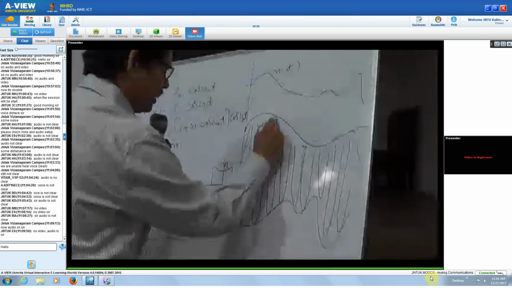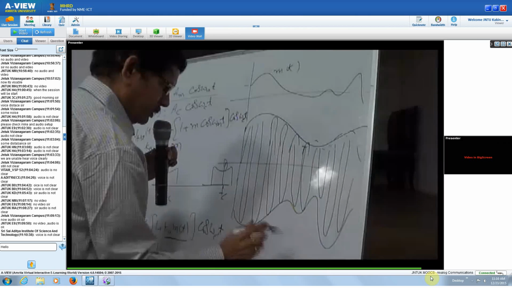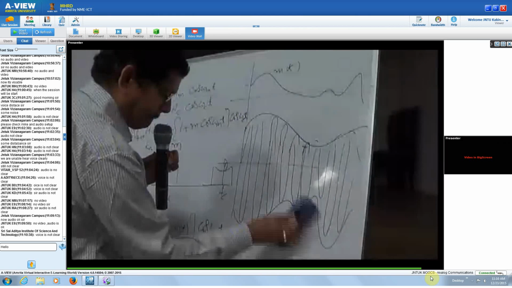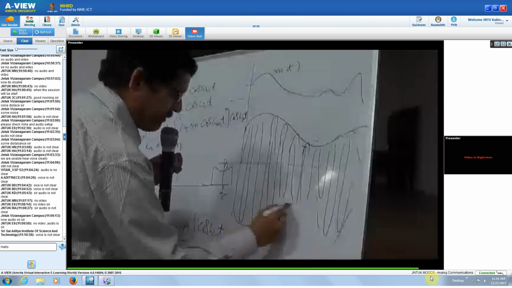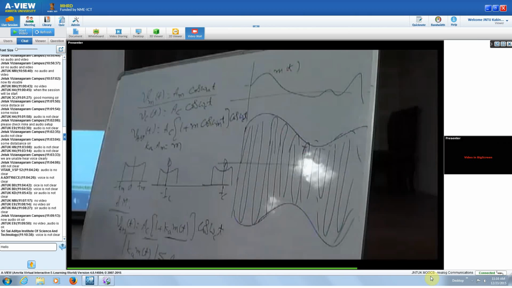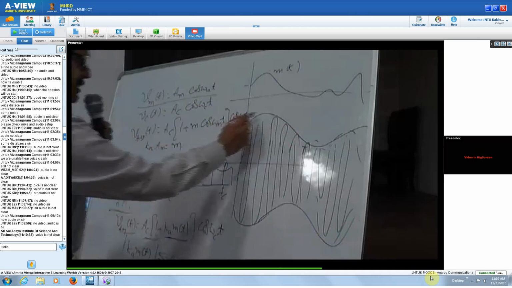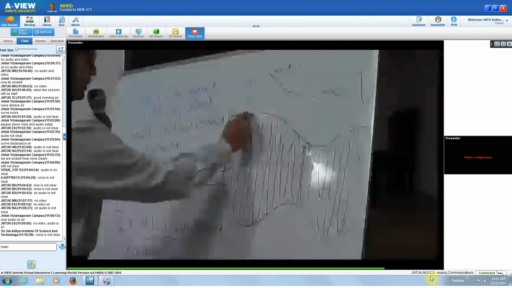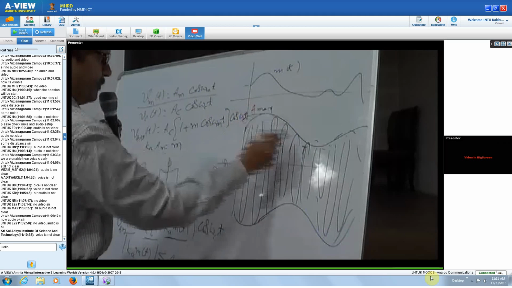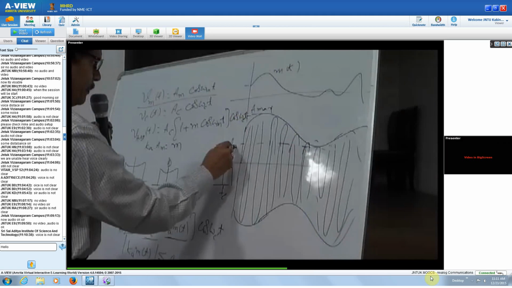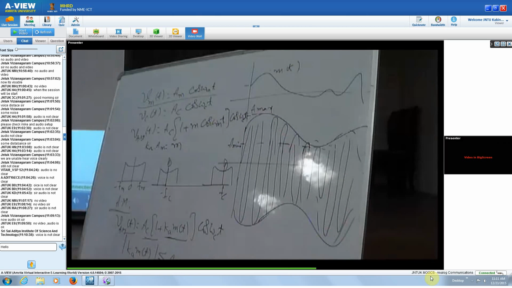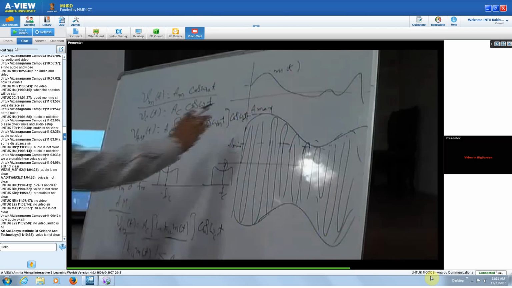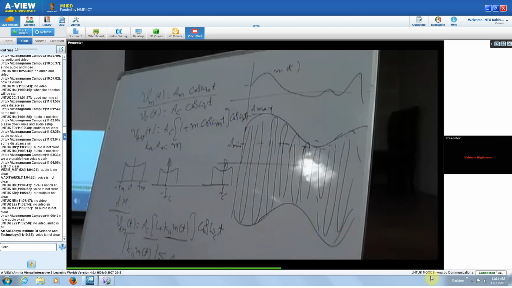Therefore, with this variation, the waveform will be a sinusoidal signal, instead of a general waveform. This is the modulated signal, this is the baseband signal, and this is our carrier frequency signal. Here we have the maximum amplitude and the minimum amplitude on the positive side, A max and A min.